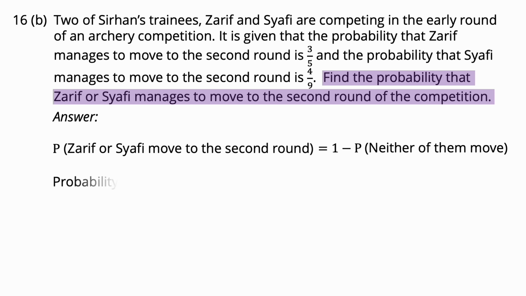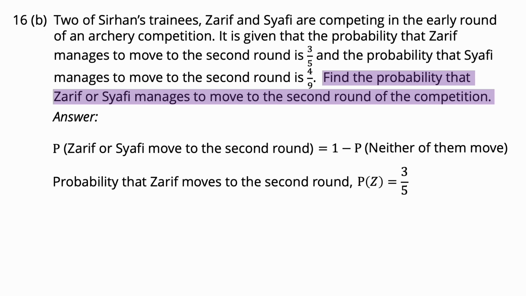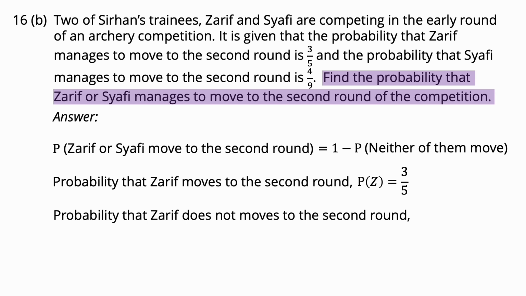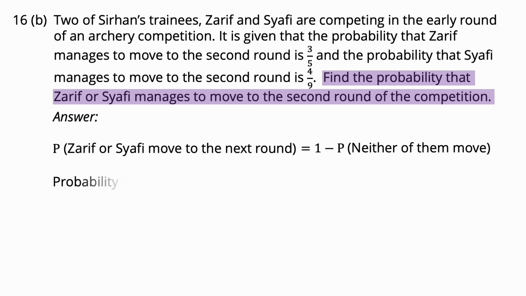It is given that the probability that Zarif moves to the second round is 3/5. So, the probability that Zarif does not move to the second round is 1 minus 3/5 equals 2/5. The probability that Shafi moves to the second round is 4/9.